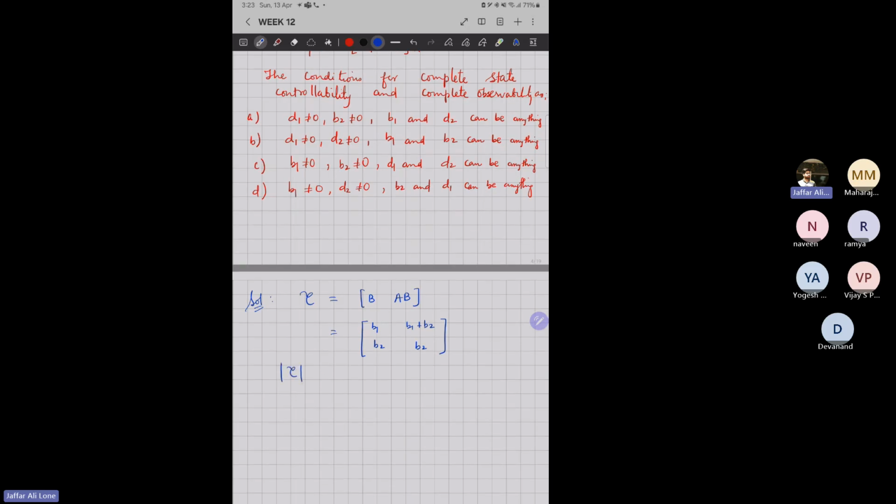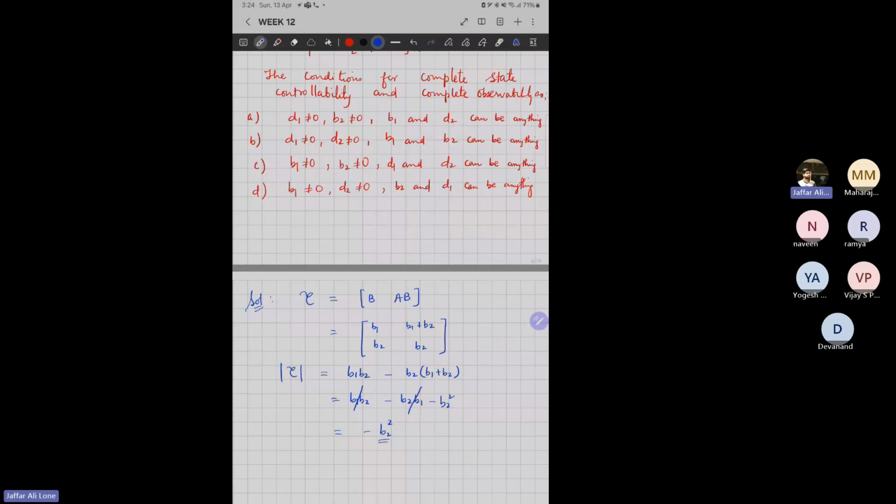Let's take the determinant of it. It will be B1, B2 minus B2 into B1 plus B2. If we solve it, it will be B1, B2 minus B2, B1 plus B2, sorry, minus B2 square. This and this go, and we'll get minus B2 square.